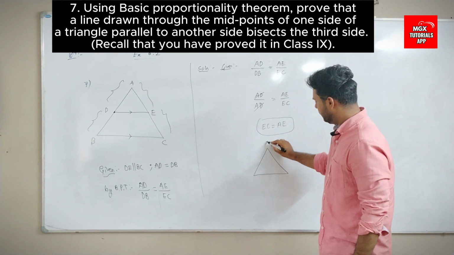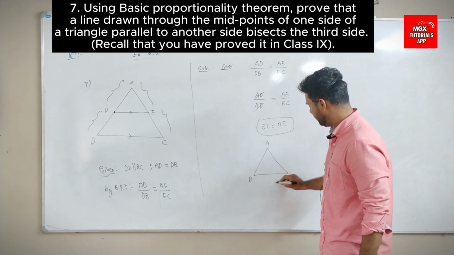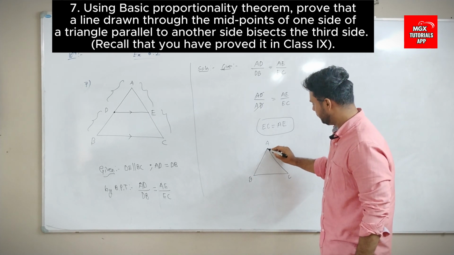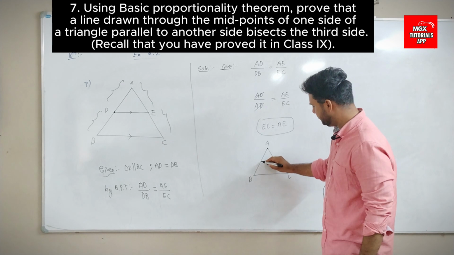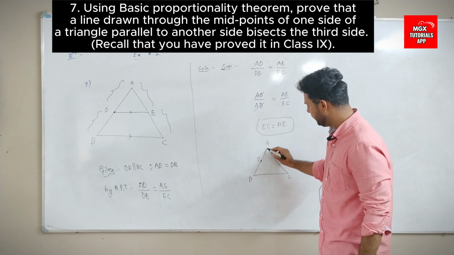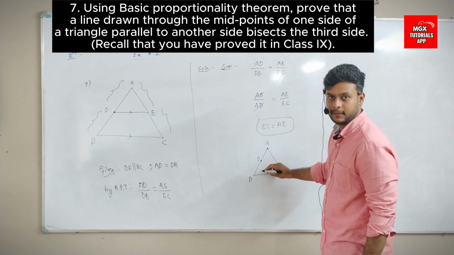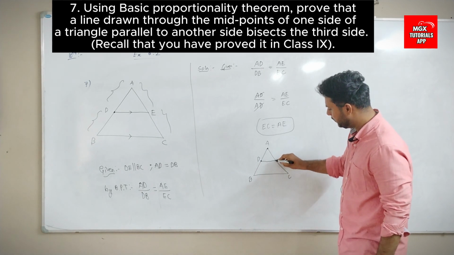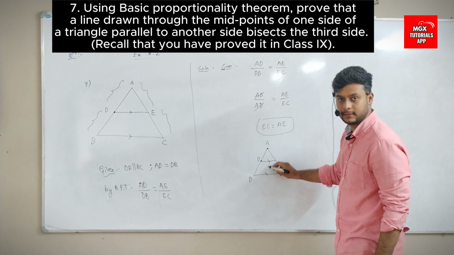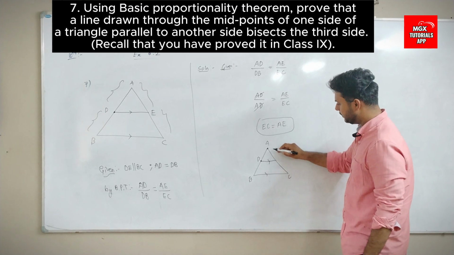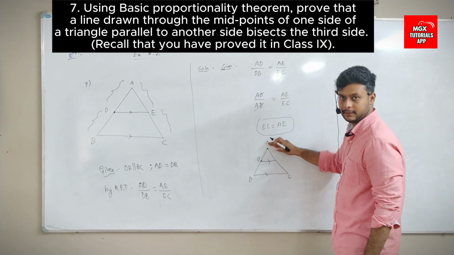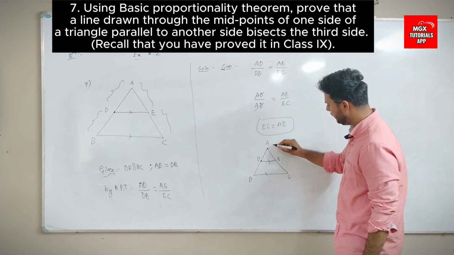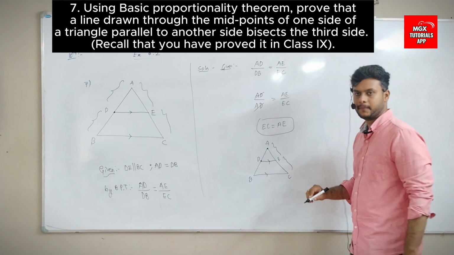If there is a triangle ABC, in a triangle, D is the midpoint of AB. From here, if I take one line parallel to this, then it will cut this side into two equal parts. Then AE will be equal to EC.